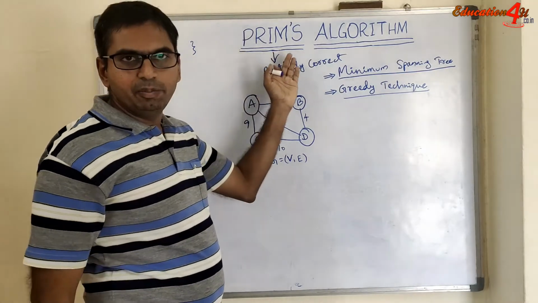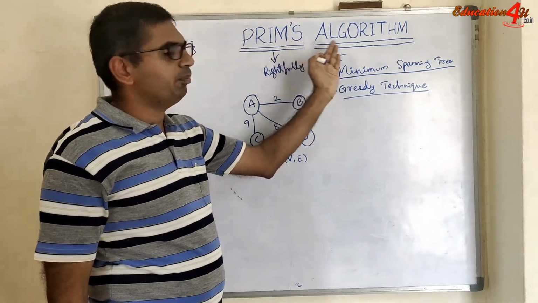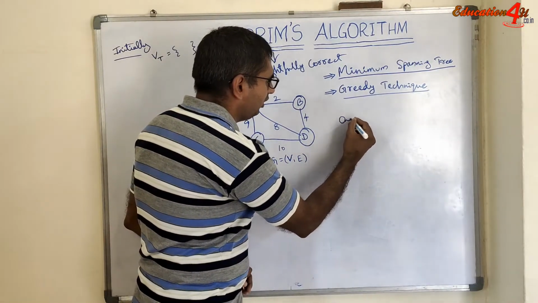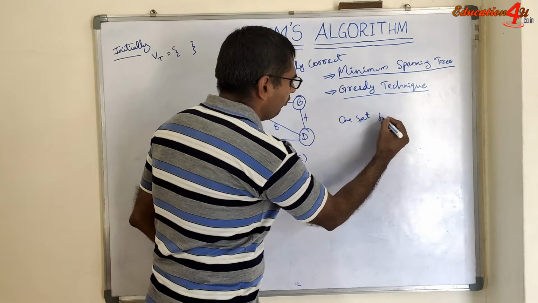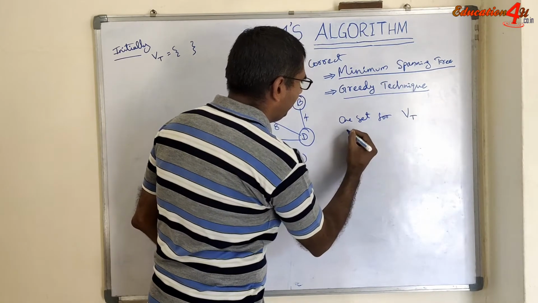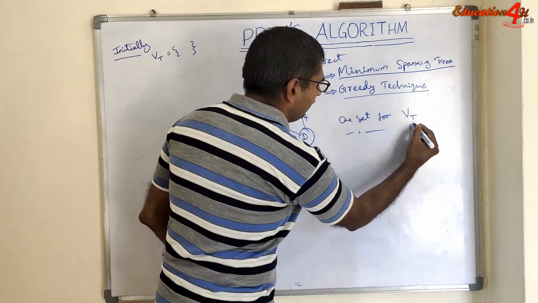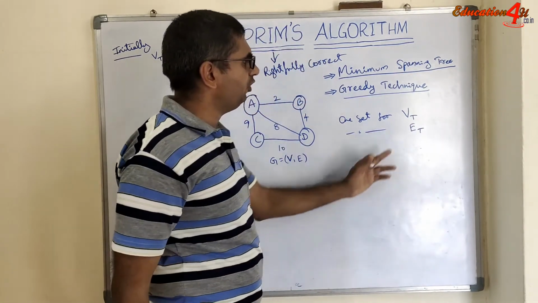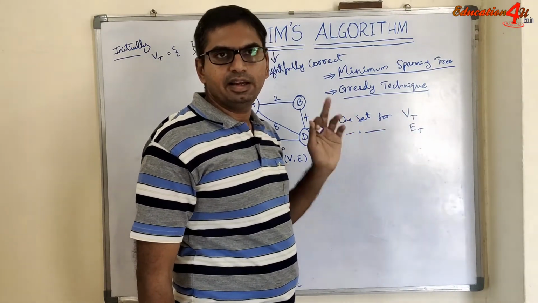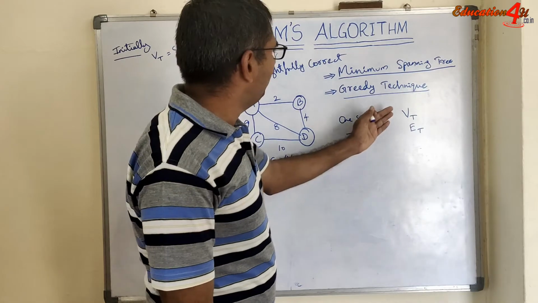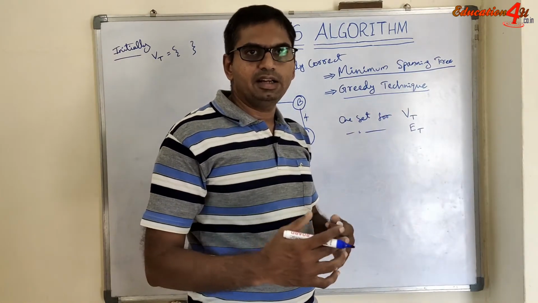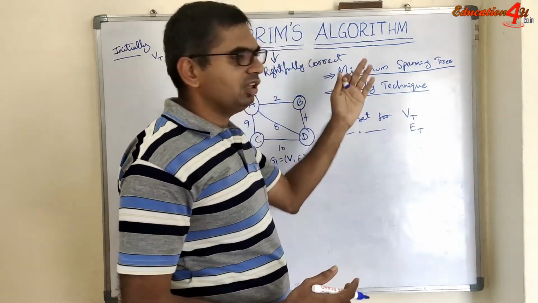Actually, when we build minimum spanning tree using Prim's algorithm, we get two sets. One set is for vertices, and another set is for edges. So this is the vertices set and this is the edges set. In these sets we will keep on adding our vertices and edges as per Prim's algorithm.